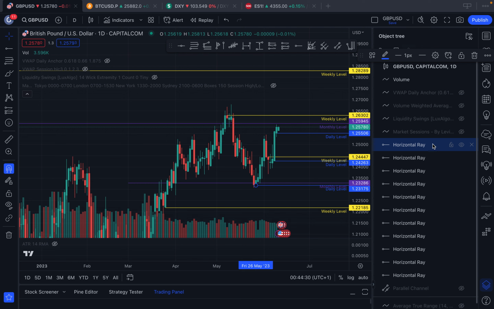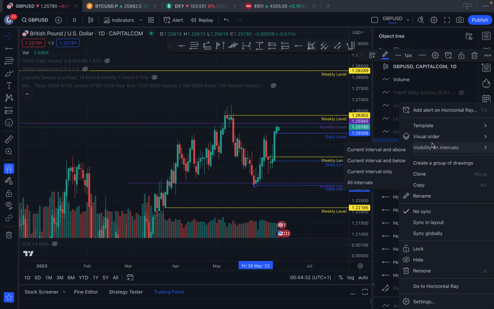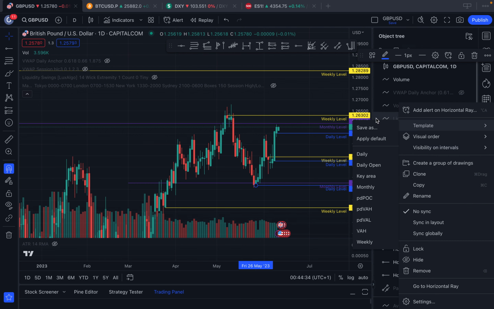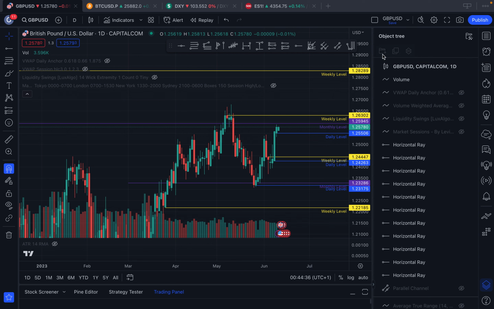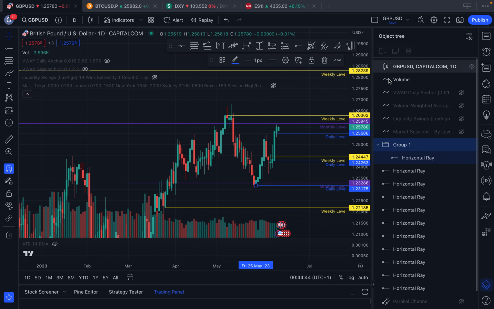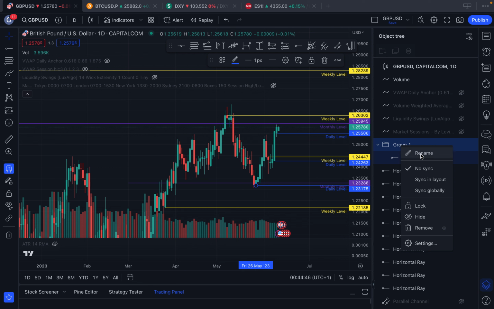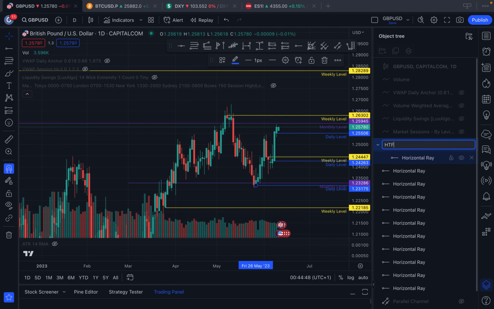So let's just make a folder. Sorry, I'm not very good at this, but hopefully we'll get better as we go along. HTF, high time frames.